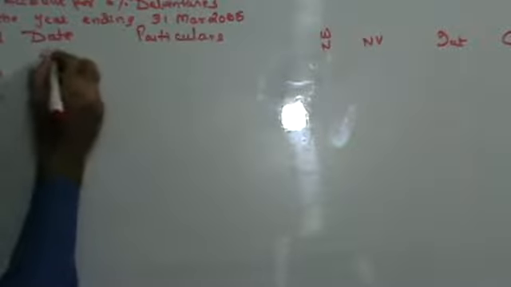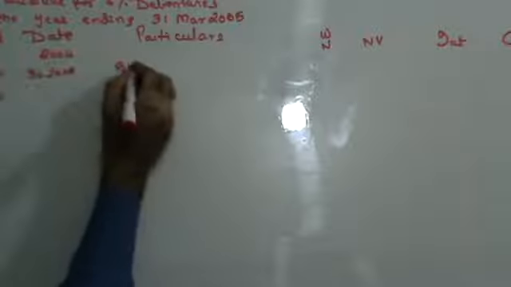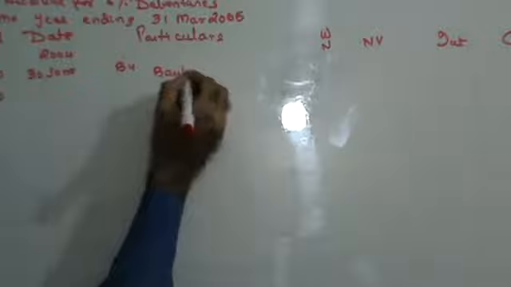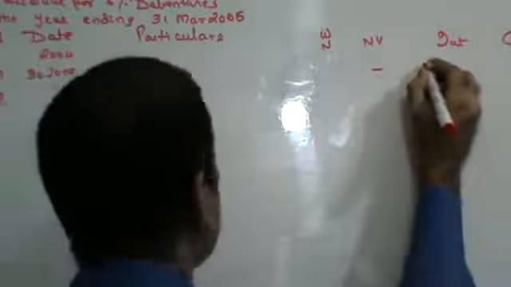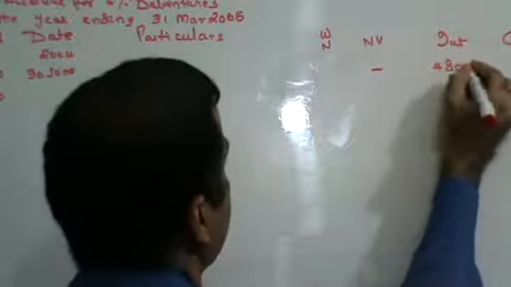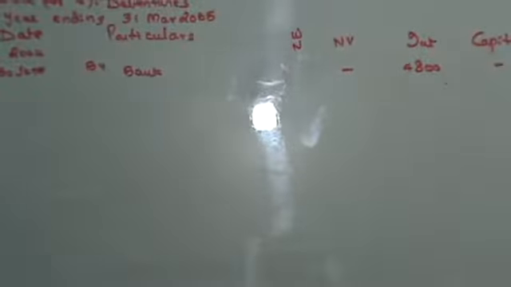So on 30th June 2004 by bank, the interest paid is 4,800. Okay. Now let's move on ahead.